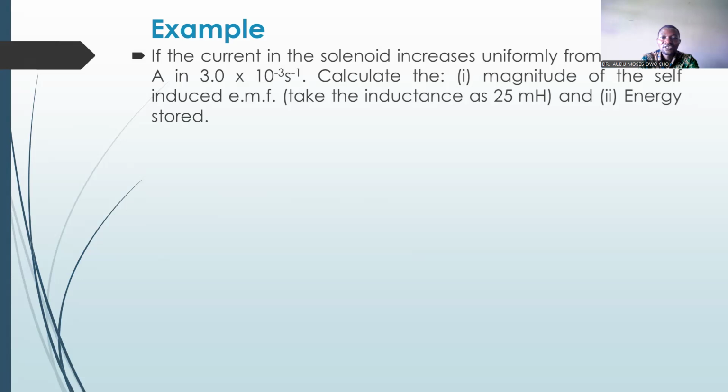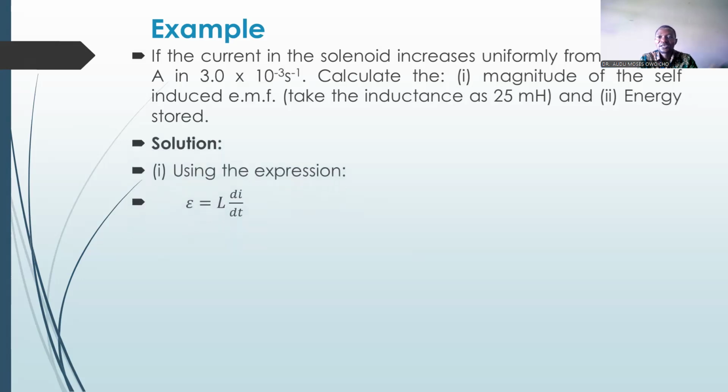We have the equation here, and we are to find the magnitude of the self-inductance and the energy stored in the inductor. So we are using this expression. If we substitute the self-induced EMF using this expression, we'll have it to be 25 volts.